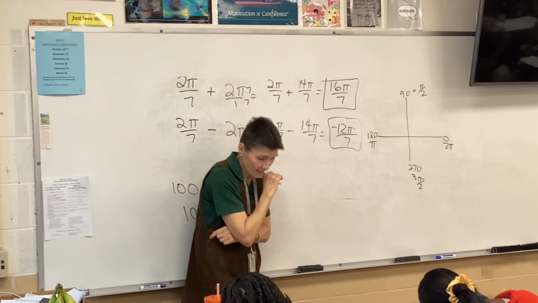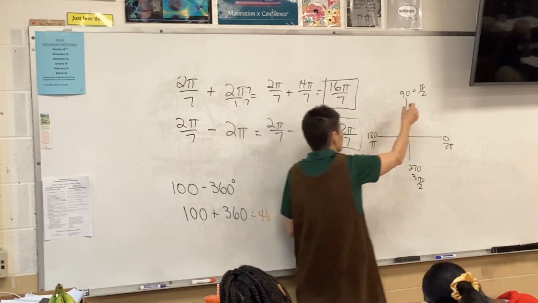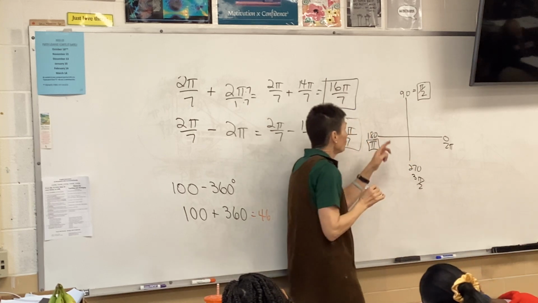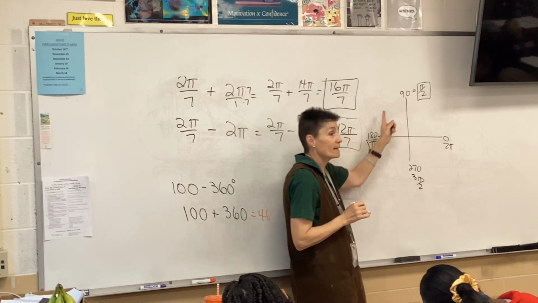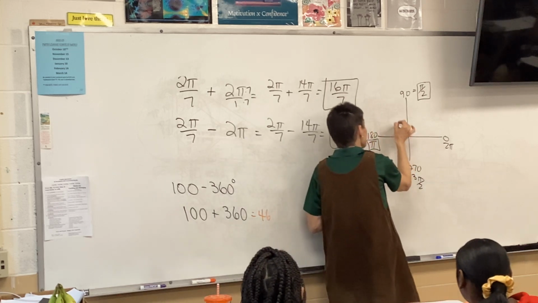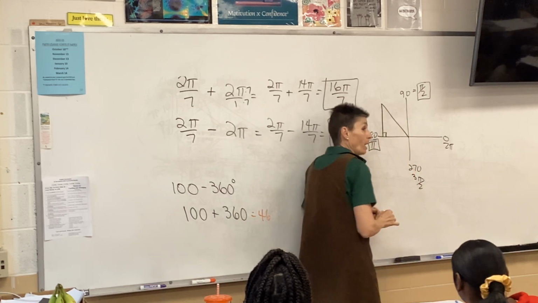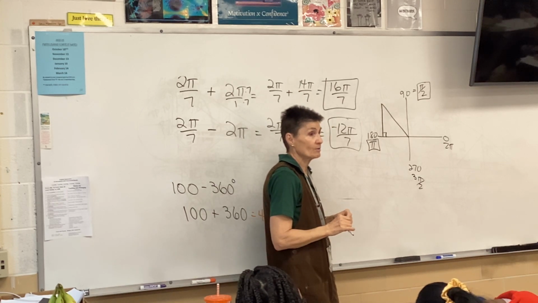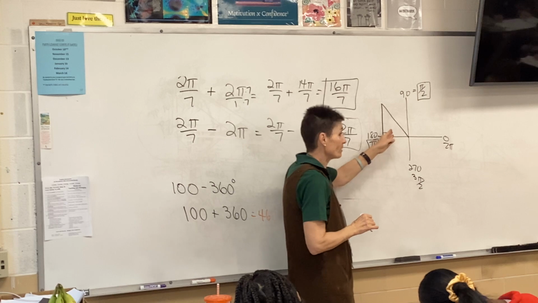So when they say you're between pi over 2 and pi, would you agree that's being between 90 and 180? So you're over here somewhere in this quadrant. Remember our butterfly bow tie we talked about the other day? So I'm somewhere in this quadrant.